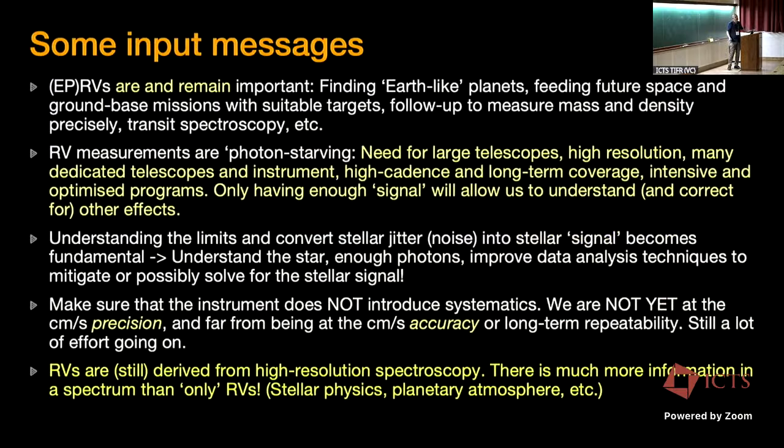And they are extremely important in complement to, for example, transit observations, to do precise mass measurements for the densities and to start to study the interior. Radial velocities are done with spectroscopy, and that's the reason why I asked the question.